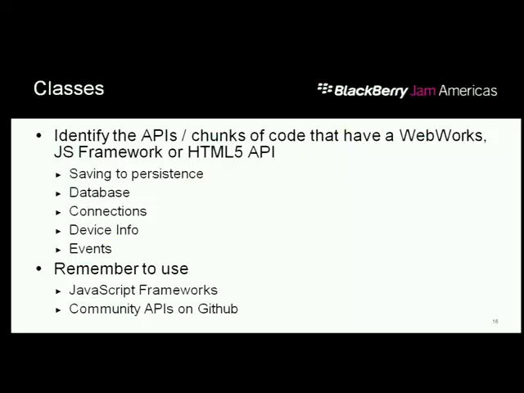So the neat thing about when you move over to WebWorks apps or Cascades apps is that in WebWorks, you're using Ajax, and in QML, you would be using either a JavaScript connector class, which could be Ajax as well, or one of the QML libraries. Whether or not you need device info, and then obviously how you want to tie system events like battery logging, or whether you're in coverage, push events, to actual code that would run when those events occur.